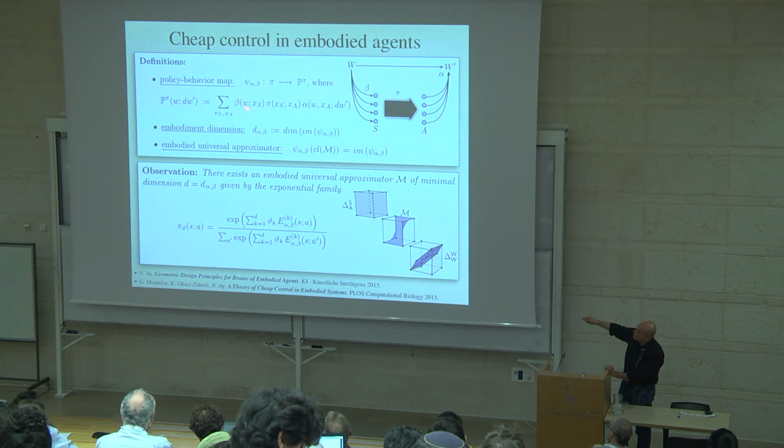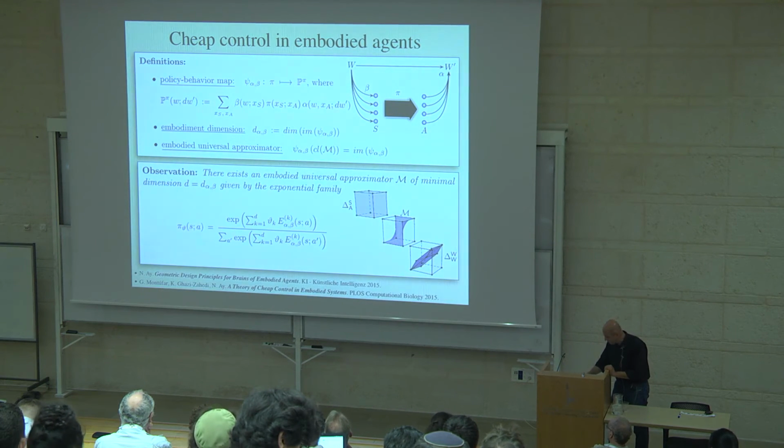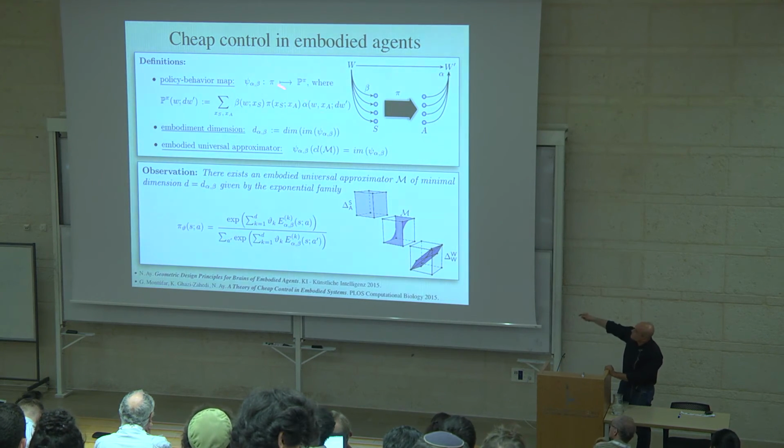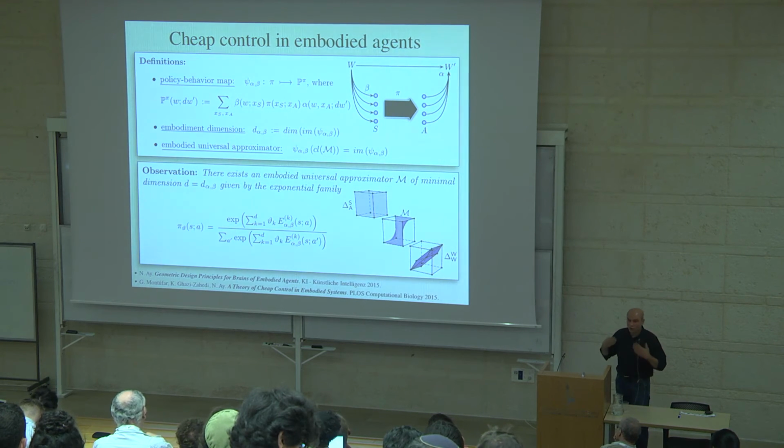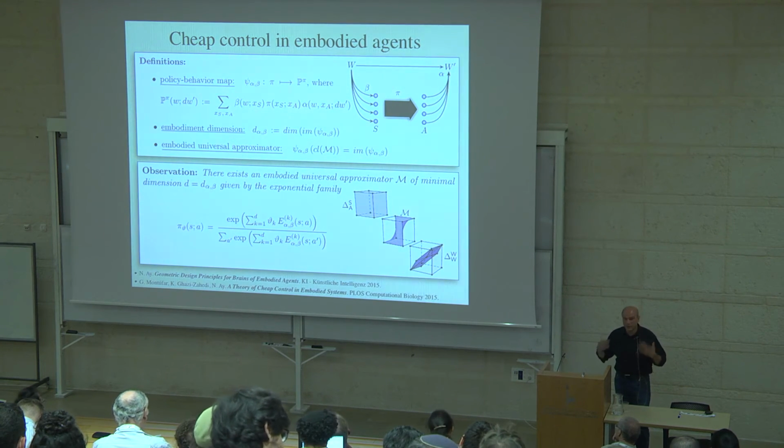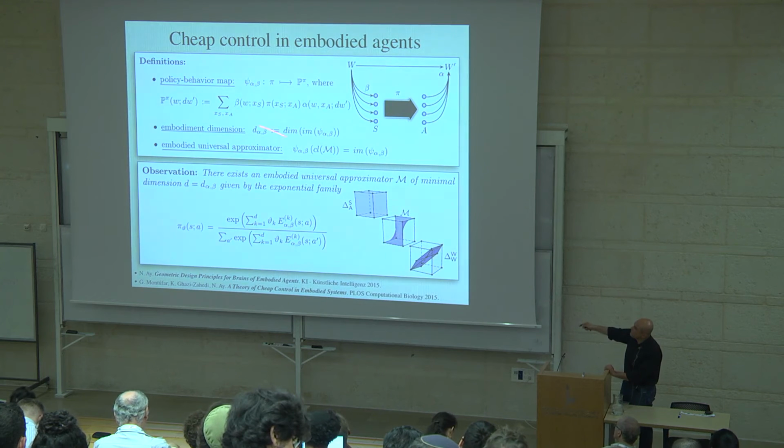We see the sensor mechanism, and we see the transition of the world alpha on this side. And if you consider both of them as being constant, as I said in the beginning, they define the embodiment, then this function is linear in pi. So it's really a linear projection from pi to the space of all conditional distributions from W to W prime.